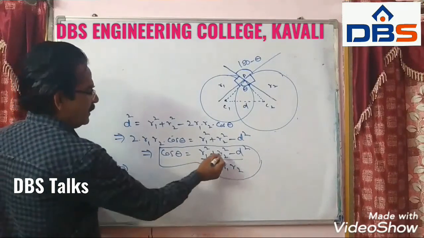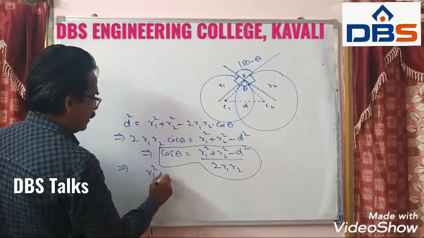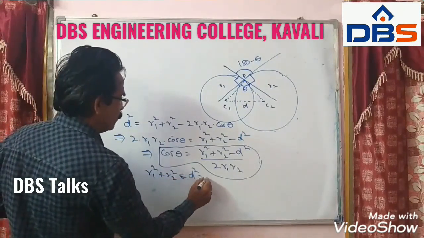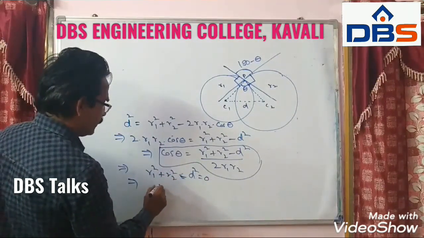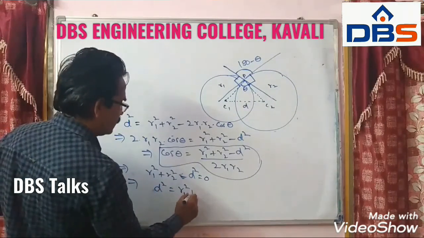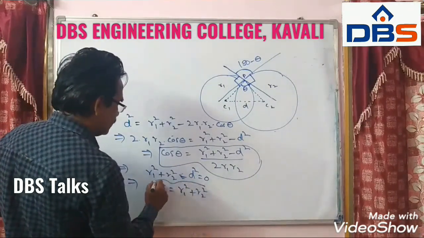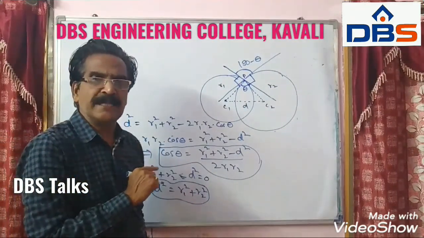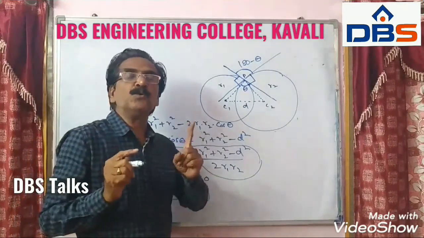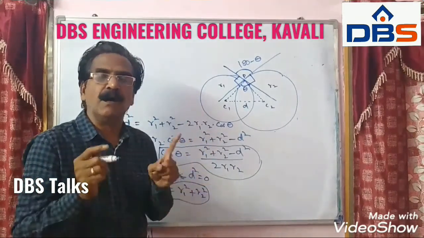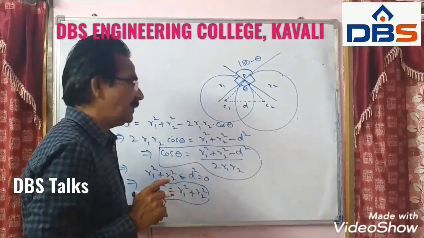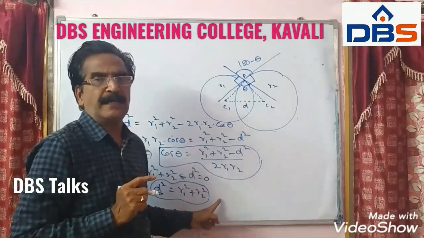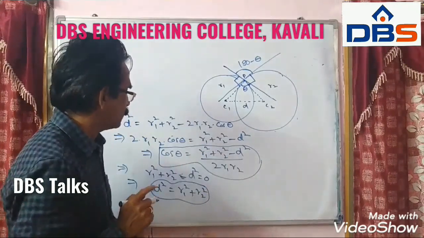It implies r1 square plus r2 square minus d square is equal to 0, so d square is equal to r1 square plus r2 square. That is another conclusion: if the two circles intersect orthogonally, then d square is equal to r1 square plus r2 square.